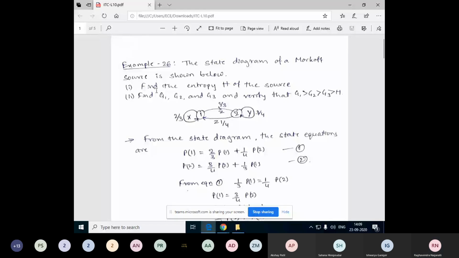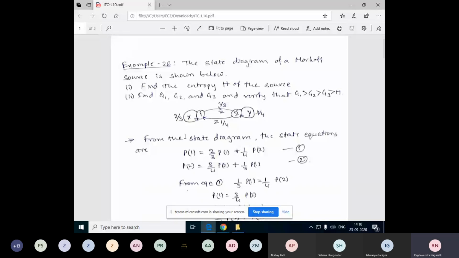So from the previous class, we already know how to calculate the entropy H of the source. First we need to write the state transition equations from the state diagram and then use those equations to find out the probabilities of different states or different symbols emitted by the source. And then find the entropy of each state and then find the entropy of the source.